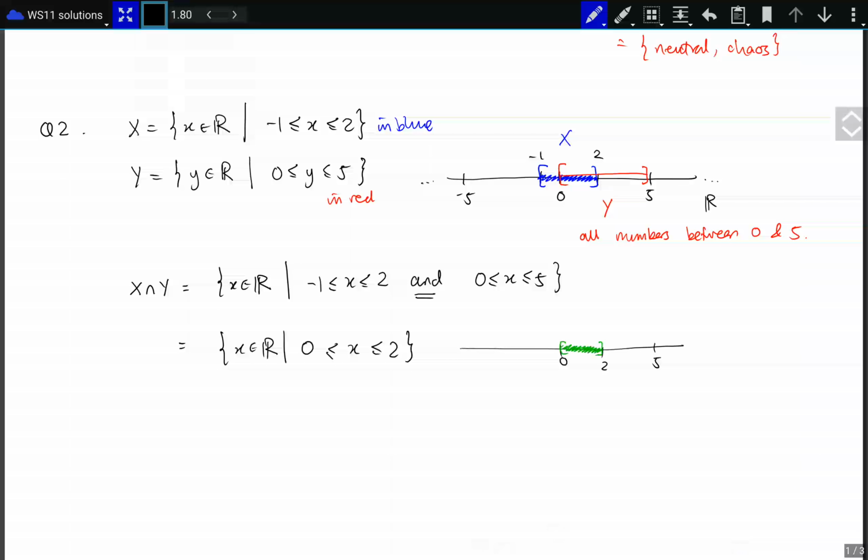Now if you take the union instead, so this time let me pick orange, those are any numbers which are in x or in y, so it's all numbers between -1 and 5.